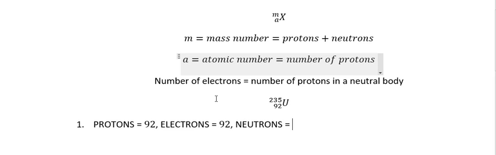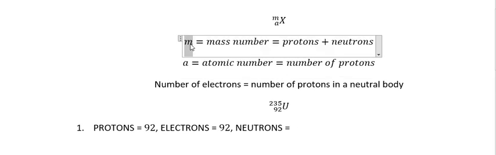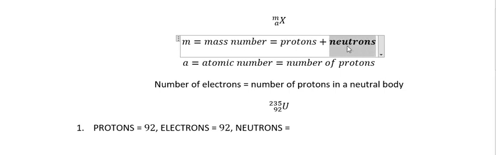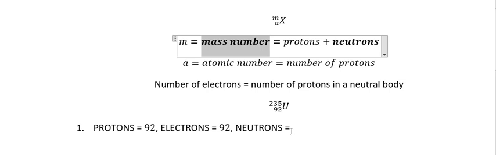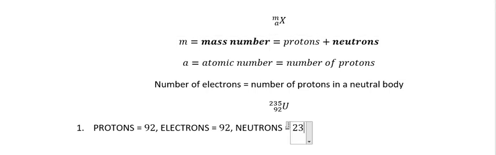Since the mass number is protons plus neutrons, if I want neutrons, I need to take the mass number minus protons. So neutrons is mass number minus protons. We are going to take 235 minus 92. You will have your answer.